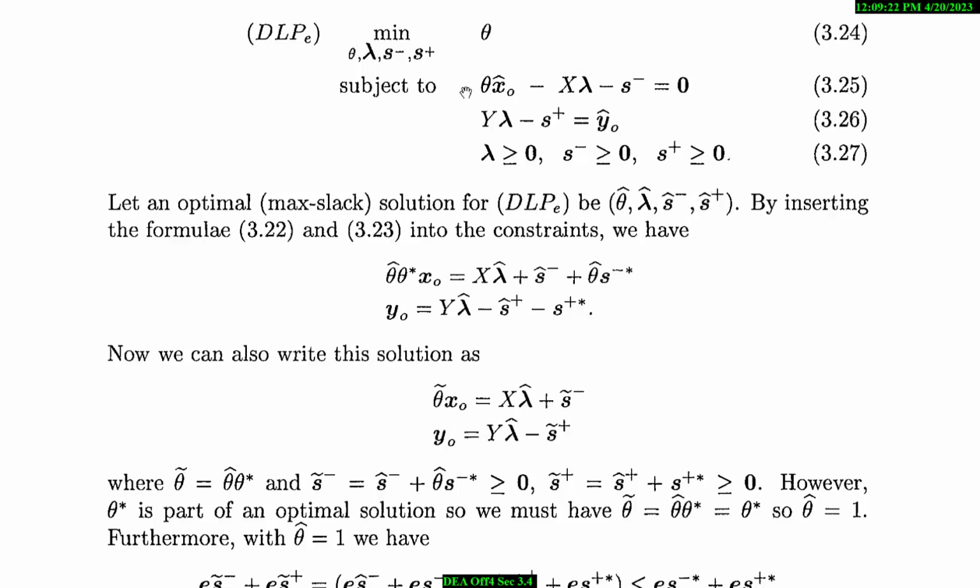We put these values in the constraints instead of x hat o and y hat o, the equivalent values from 3.22 and 3.23, so we have these relations.